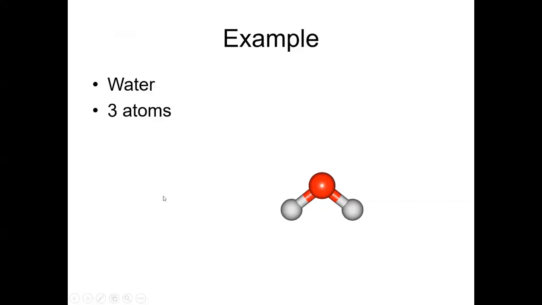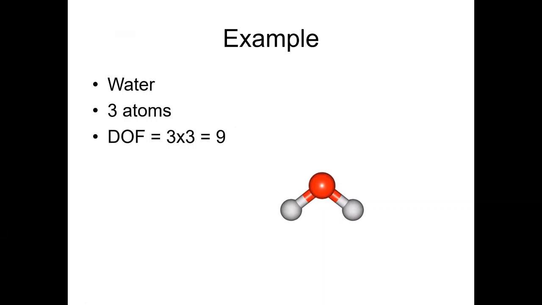Okay, so we looked at the water molecule. Water, remember, has 3 atoms. So let's see if we can find some of the different information that we had about the molecules. Since it has 3 atoms, how many degrees of freedom will it have? Degrees of freedom is 3n, or 3 times the number of atoms.